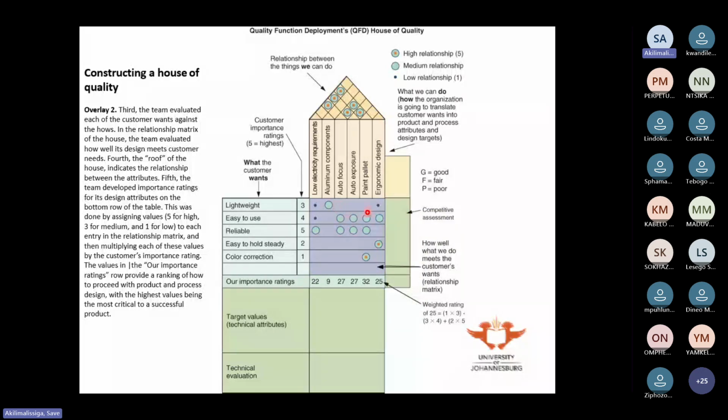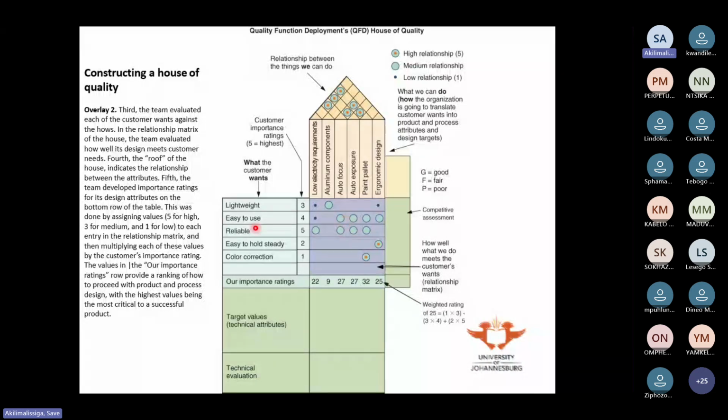Again, if you're building this house of quality from scratch, in your analysis you might say between easy to use and autofocus there is no relationship. That is an approach you can follow with your team and justify to them so that you can agree and move forward with the process of building the house of quality.